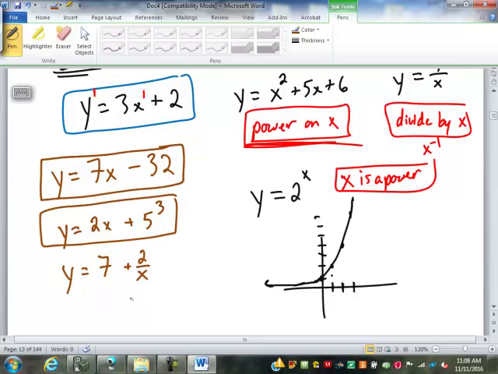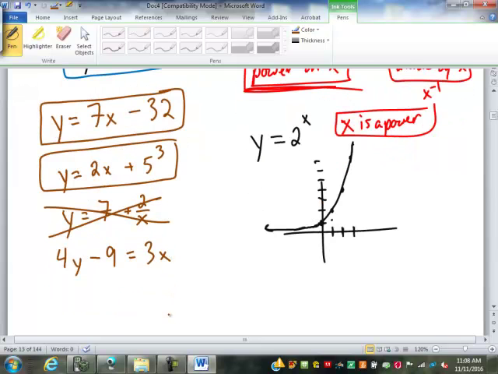How about this one? Will that form a line on the graph? No, we're dividing by x. 2 divided by x, that will not be a line. How about this one? No powers on either variable.